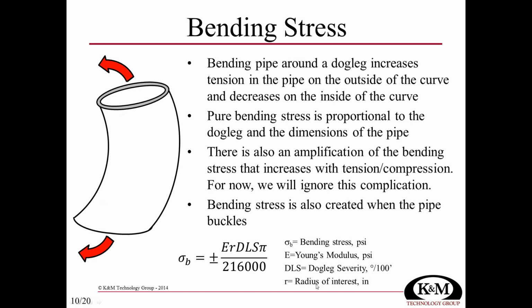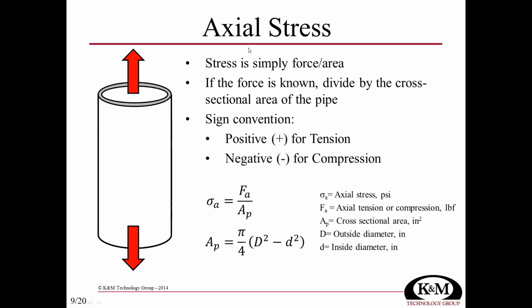So that's what we mean by radius of interest. We multiply that times the dogleg severity in degrees per 100 foot, multiplied times pi, and then we divide by 216,000. And these are just for oil field units. That pressure in PSI, or stress, is added or subtracted from the axial stress that we arrived at over here.